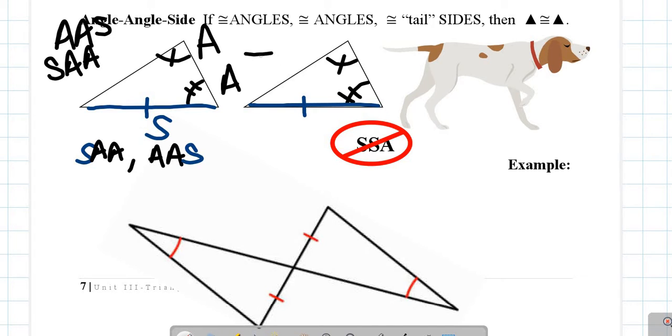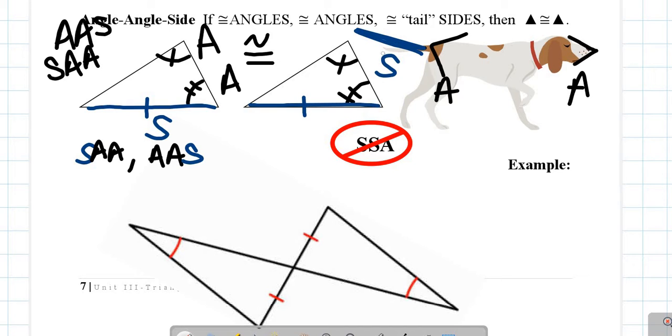And that means the triangles are congruent. The way I envision this is you have an angle like a dog snout, an angle like the dog rear, and then a tail here. Okay? Angle, angle, side.